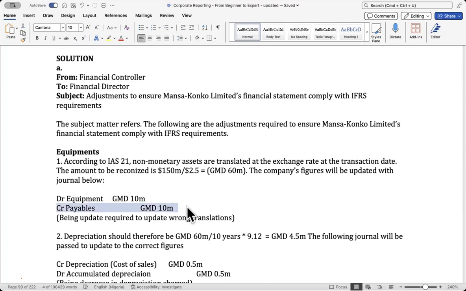I debit equipment with 10 and credit payables with 10, just so that I increase the two. So I've bought it. This is an update required to correct wrong amounts. So that was the first correction I made there.